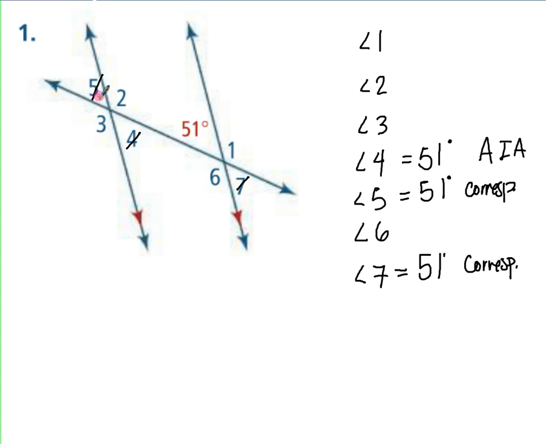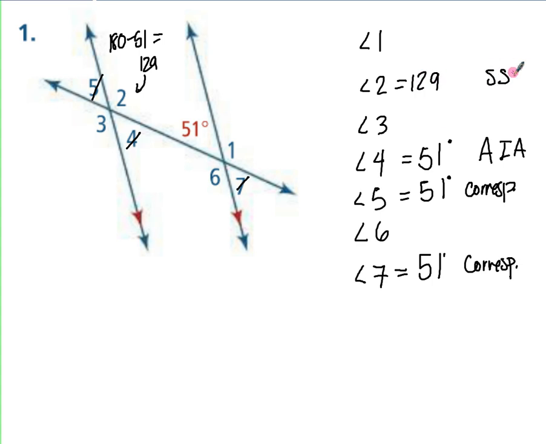Okay, so Gabe's saying that because 2 and 51 are on the same side and they're interior, then they're supplementary, so they add to 180. Okay, so if I do 180 minus 51, what does that equal? 129. So angle 2 is 129. That's my same side interior.